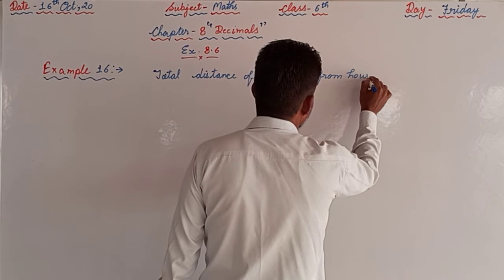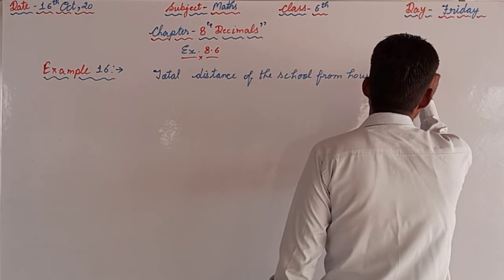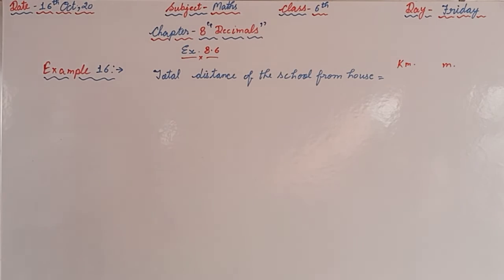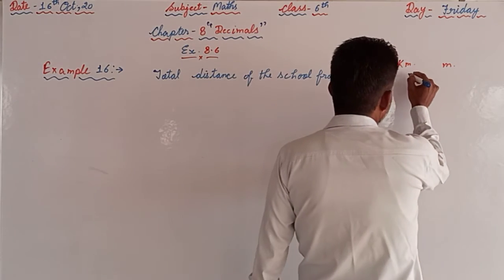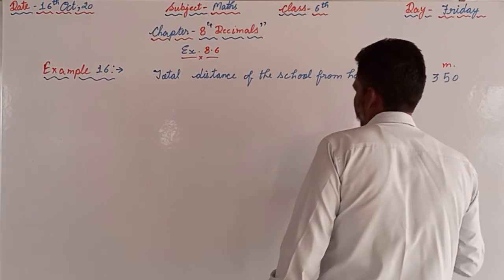That is given in kilometers and meters. So how much is the distance? That is 5 kilometers and 350 meters.